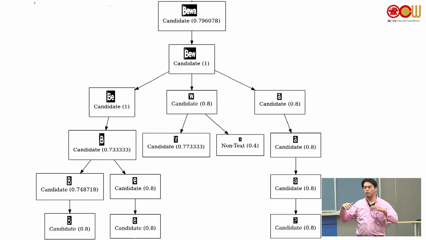Because you add more water, and then some regions will merge together. Okay, and if you go up and up, you can see maybe B, E, and W will merge together. Okay, because you keep increasing the water level, and at some point, those regions will merge.